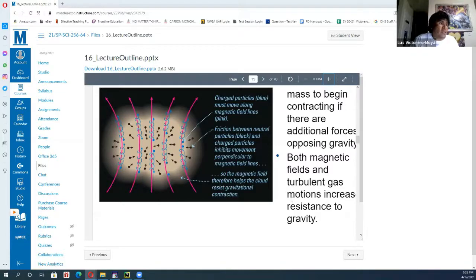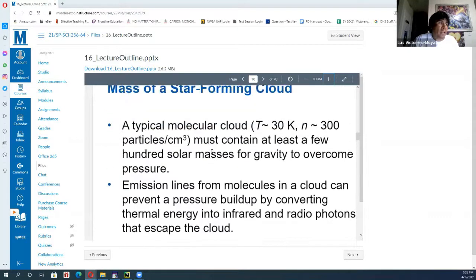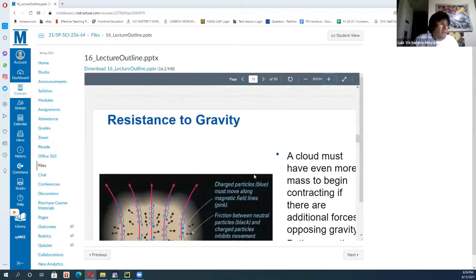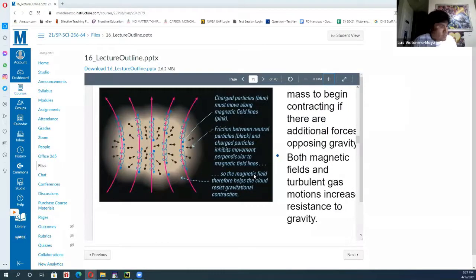All right. So it's important to know this, to know the emission lines preventing the pressure building up inside the cloud, and the properties of a cloud. All right. So now that we know that, are there any questions?